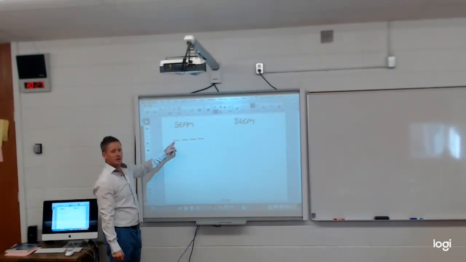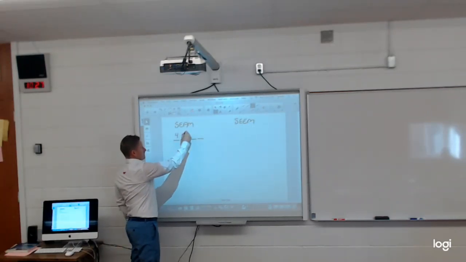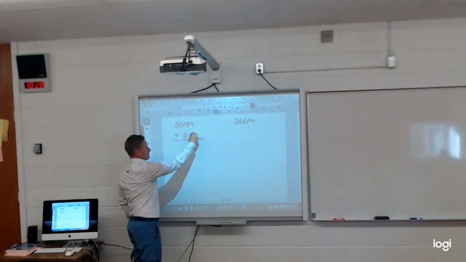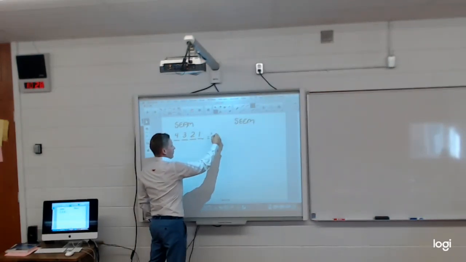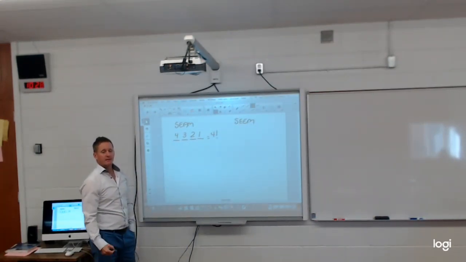How many options do I have for the first one? 4. And then you picked one, now how many do you have to choose from? 3. Then 2, then 1. So the answer is 4 factorial, right? You get that?